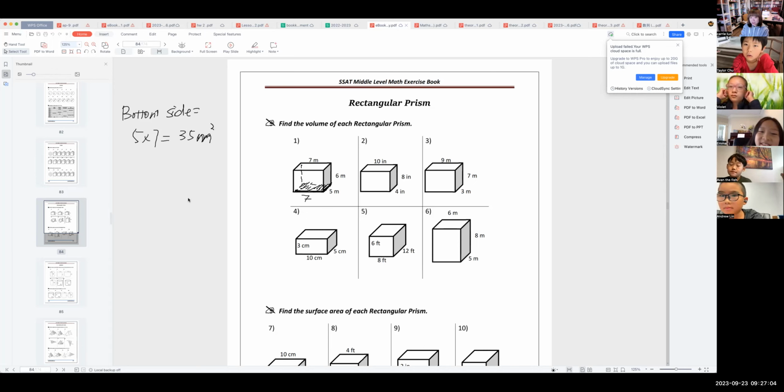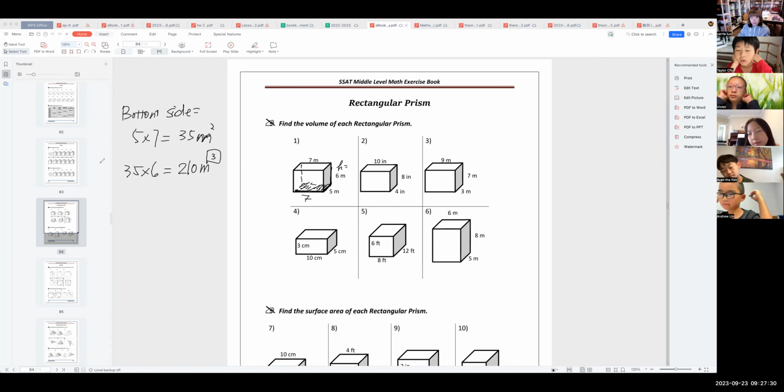Okay, so how to calculate the volume? You only need to find out the bottom side and times the height. For the height, this one is 6, so it's 35 times 6 equals 210 meters cube. And do you still remember why it is cube, Emma? Because it's like square cubes and not just like the 2D squares.